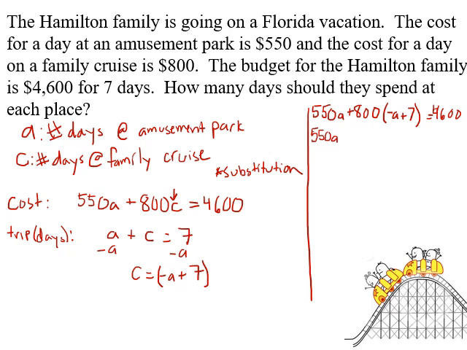550A minus, after I distribute here, 800A plus 800 times 7 is 5,600, still equals 4,600. I'm going to combine my like terms to get a negative 250A.